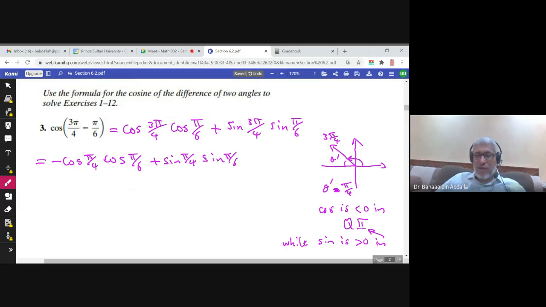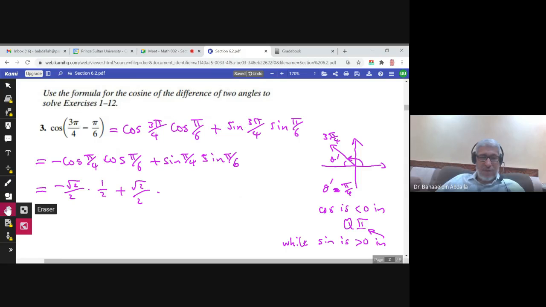So this is what we did exactly in chapter 5. To evaluate cosine 3 pi over 4, we need to find the reference angle, and we use the fact that cosine theta equals plus or minus cosine theta prime. And now all the angles are the three angles we know. So we write the answer: negative square root of 2 over 2. Cosine pi over 6 is half. Sine pi over 4 is square root of 2 over 2. Sine, no, cosine pi over 6 is not half.